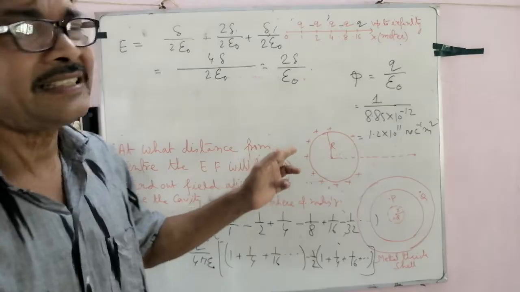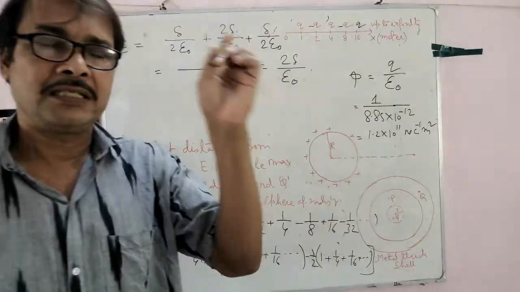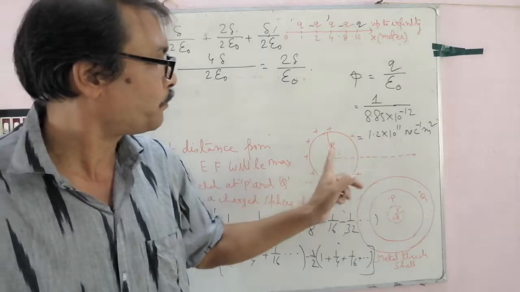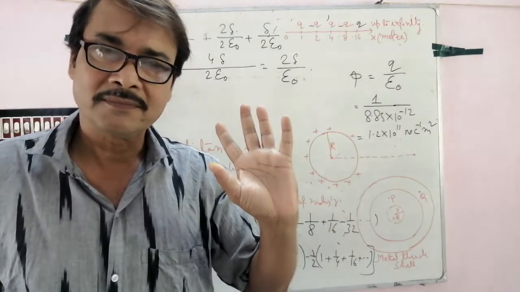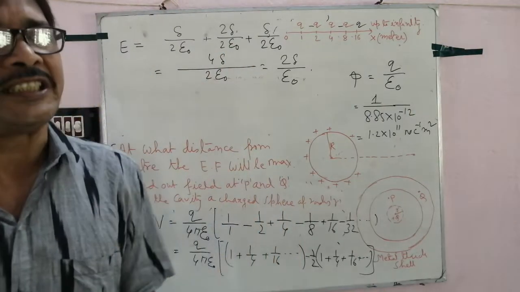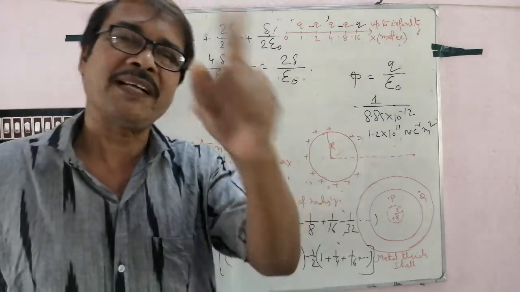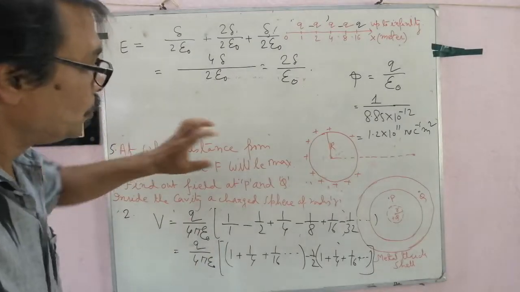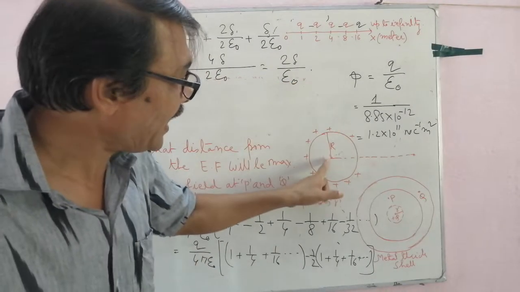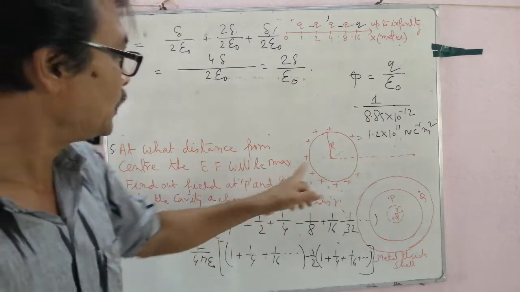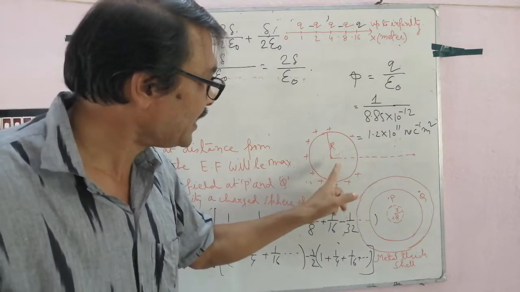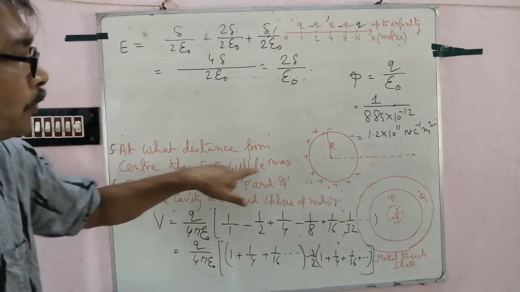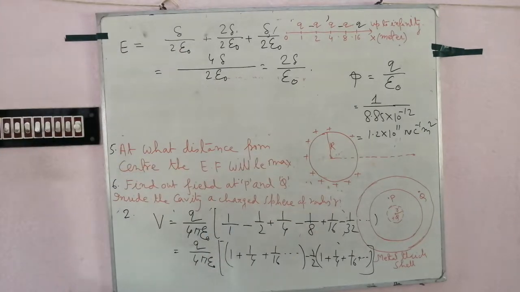In my first lecture, I found the electric field at a distance x from the center of a ring, and potential is also discussed in my third lecture. Okay, so now we have to find out at what distance from the center of a ring the electric field will be maximum. Follow.